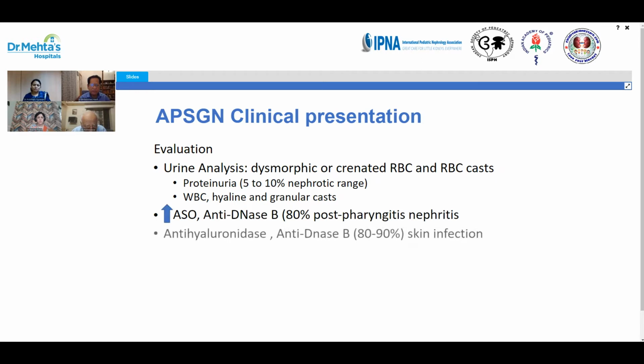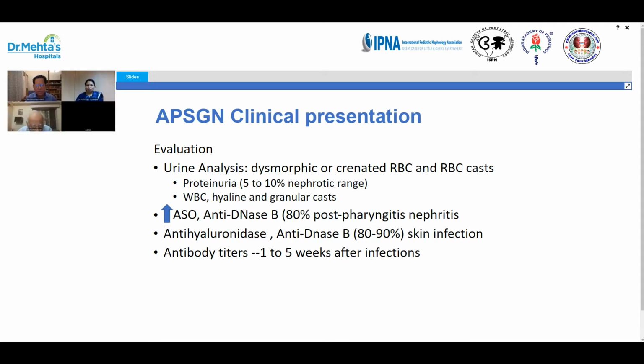There is urinary dysmorphic RBC. One of the important findings is the presence of RBC casts in the investigation. Another finding is increased ASO and anti-DNase B, particularly in pharyngitis, and anti-hyaluronidase and anti-DNase B in 80 to 90% of skin infections.